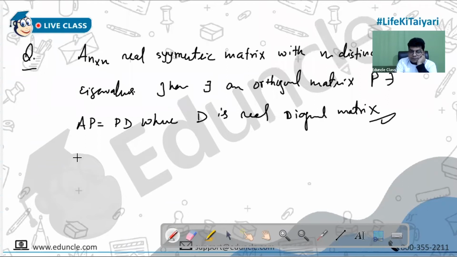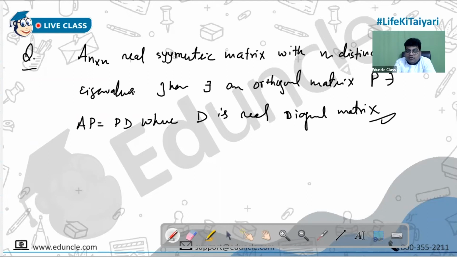See this problem. A is a real symmetric matrix with n distinct eigenvalues. Then there exists an orthogonal matrix P such that AP is equal to PD, where D is a diagonal matrix. Is it right or not?